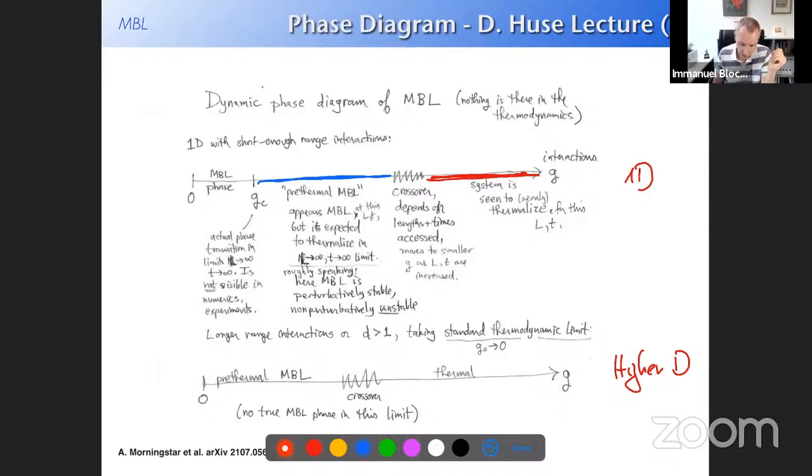But up to astronomically long time scales, this system looks like a pre-thermal MBL. And then he says, well, maybe in 1D there is a true MBL phase beyond an even stronger disorder strength, where the system really does not relax even to infinite times. Okay.